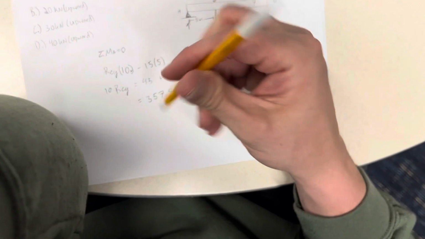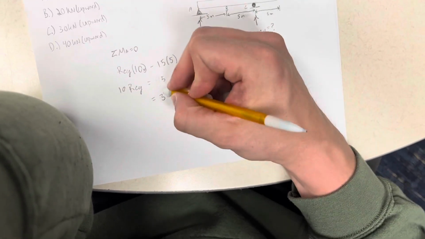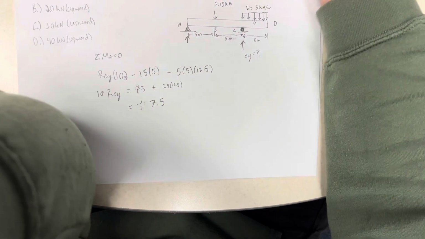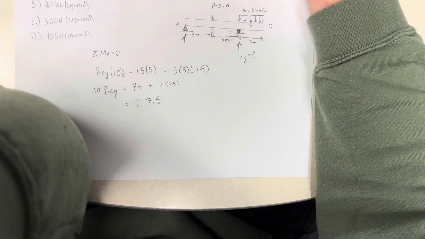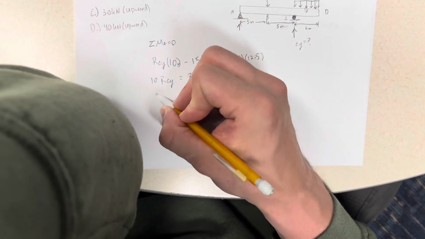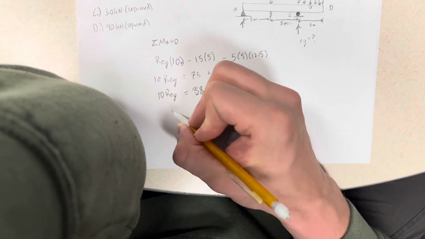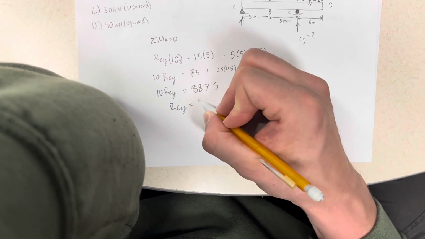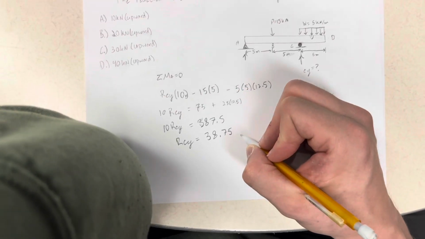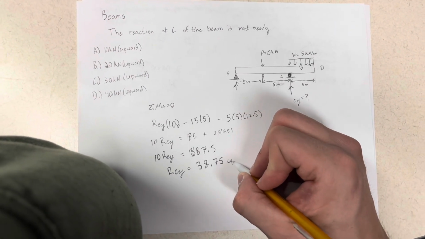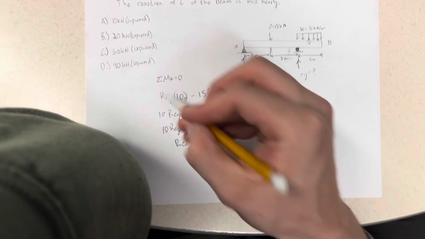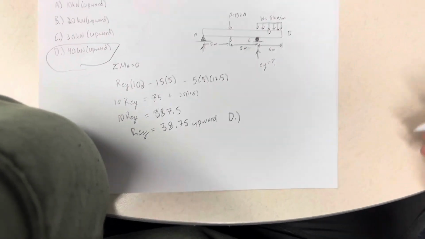Oh, I see. 45, 75, plus 30 gets us 387.5, 10 RCy. RCy equals 38.75. All the answers are upward. So we will go with D, 40 kilonewtons upward.